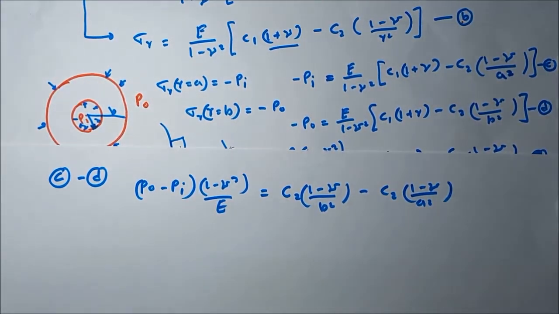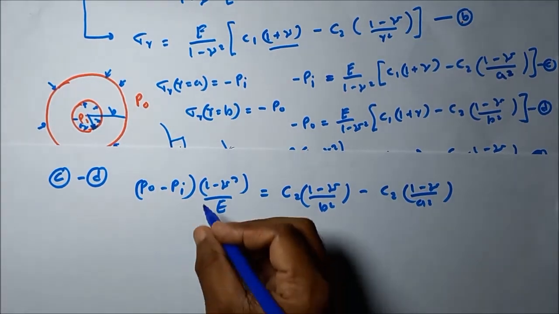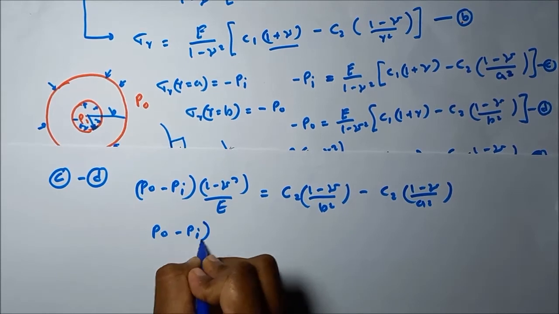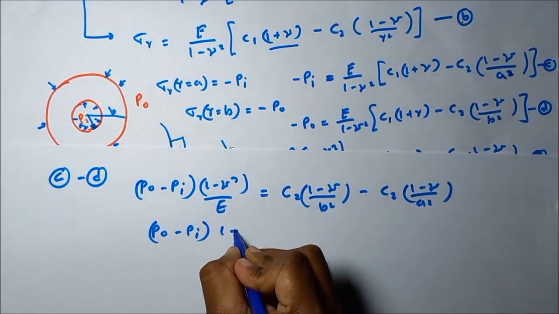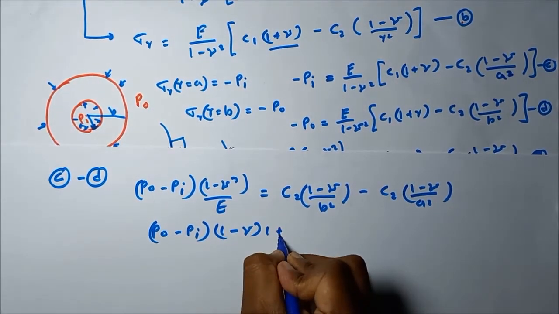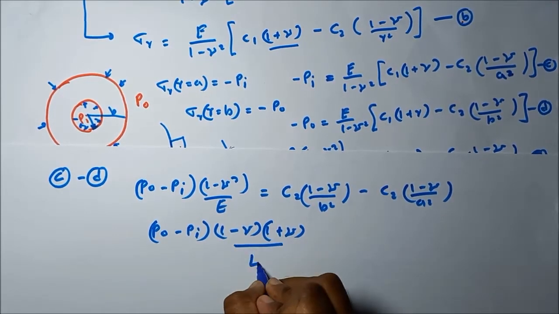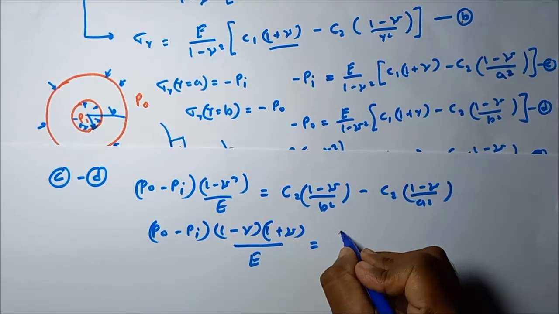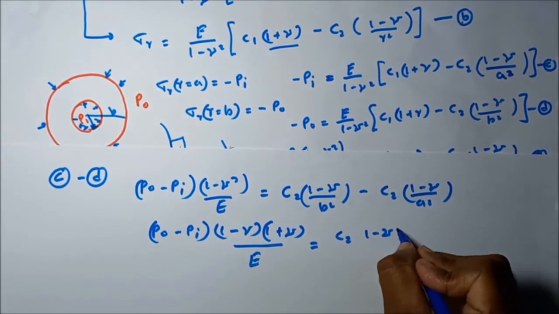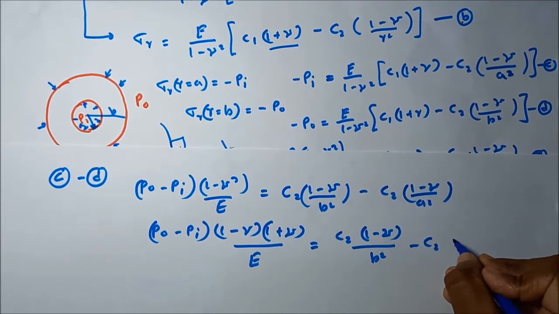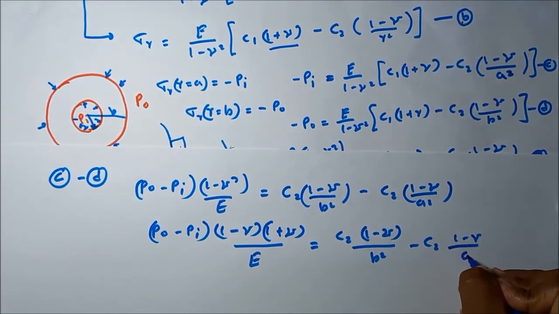Then we can further simplify this one: (P naught minus the Pi)(1 minus nu)(1 plus nu) divided by E is equal to C2 (1 minus nu) by b square minus C2 (1 minus nu) by a square.